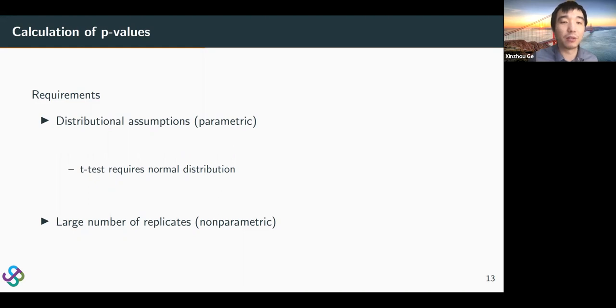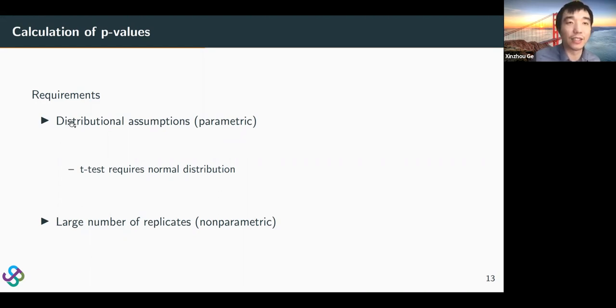And we may make wrong distributional assumptions if we just use one test, for example, the t-test. This is for parametric ways of doing tests. There are also non-parametric tests, but those, for example the Wilcoxon rank test, require a large number of replicates, which is not available in high-throughput biological data.